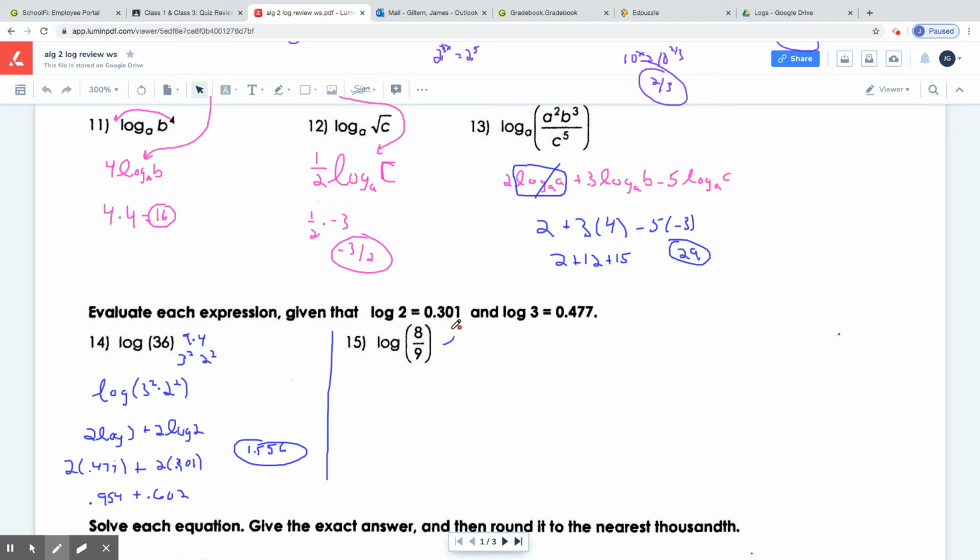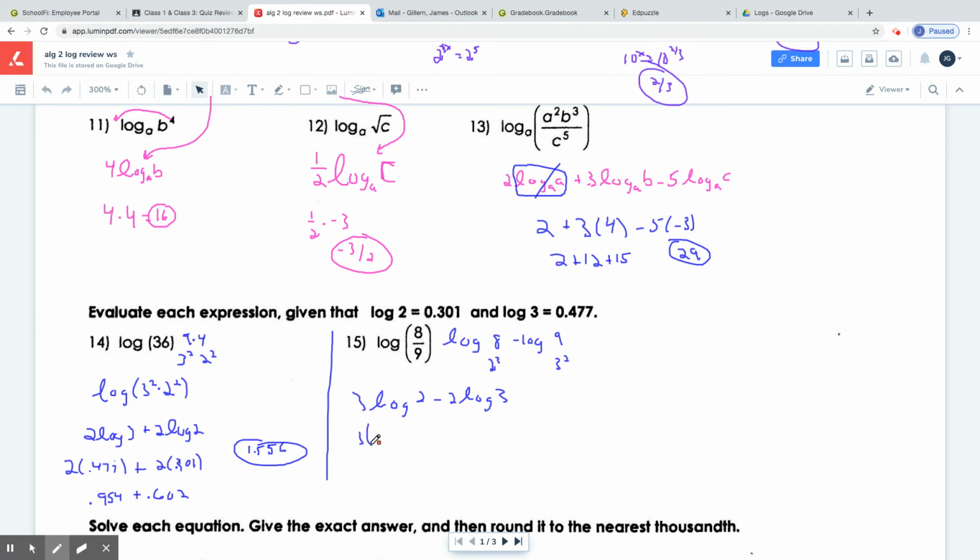All right, this one could be something similar. Division, I know it's subtraction, right? So log 8 minus log 9. How can I rewrite 8 and 9 in terms of 2's and 3's? Well, I can rewrite 8 as 2 cubed and 9 as 3 squared. So it can be 3 log 2 minus 2 log 3.